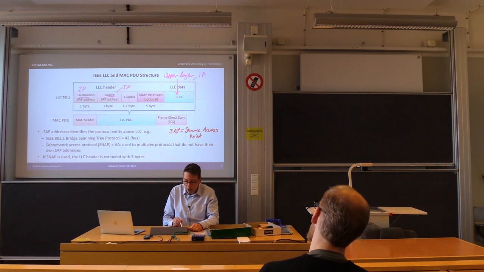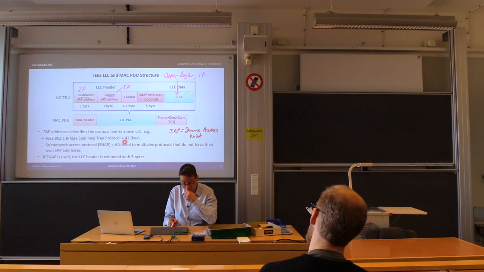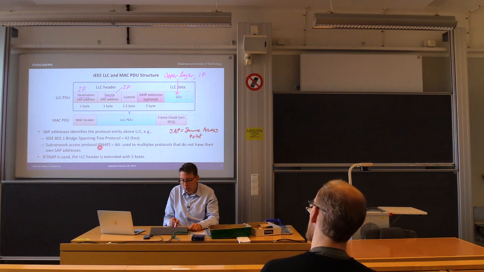Okay, so there is one protocol, for instance, called the Bridge Spanning Tree Protocol, and we will talk more about that later on. It's identified by the byte 42. This is in hexadecimal, so 4 is the first 4 bits and 2 is the second 4 bits. There is a special SAP address called AA, and that identifies something called SNAP, or Subnetwork Access Protocol.